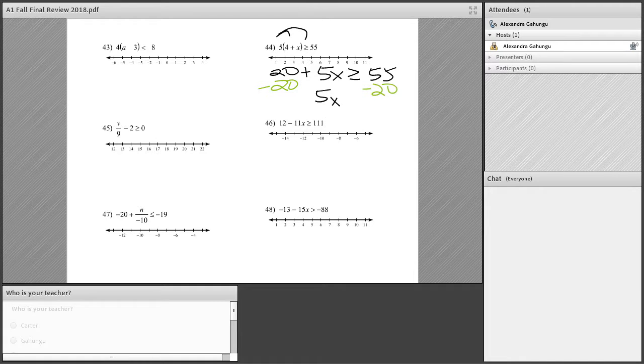And I get 5x is greater than or equal to 35. So x is greater than or equal to 7. So closed circle because we have an equal to. So I find 7 in the closed circle. There we go. And greater than, so we shade.